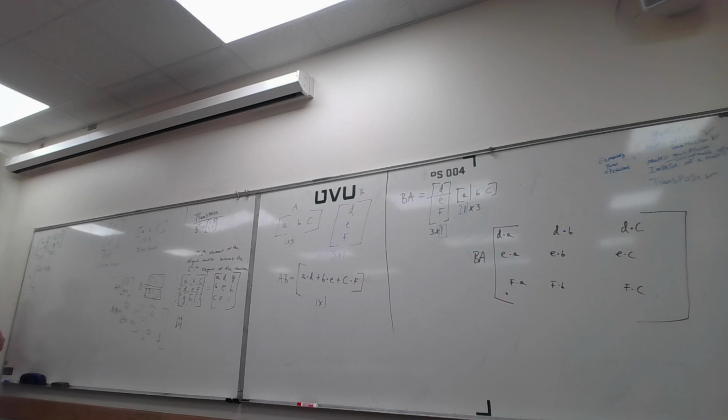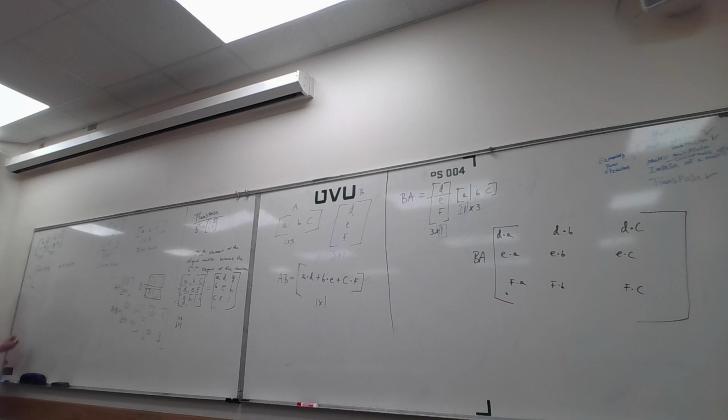The second element, or the first row, second column, is going to be equal to A multiplied by F plus B multiplied by H. First row, second column, right?